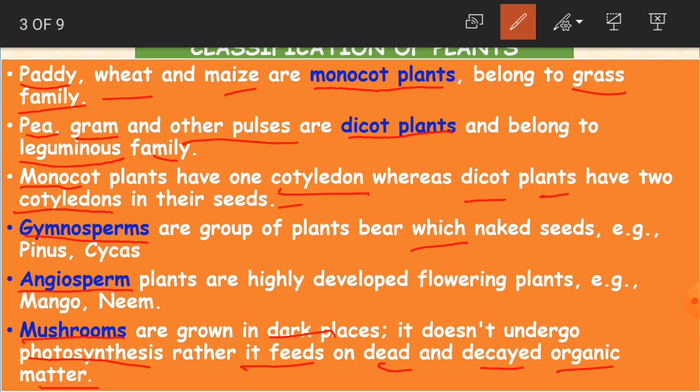So we call such type of plants naked seed plants. And angiosperms are highly developed flowering plants, that is like our strong trees. And mushrooms, they are non-green plants and they grow in dark places and they do not go through the photosynthesis process, and they take their food from dead and decayed organic matter.